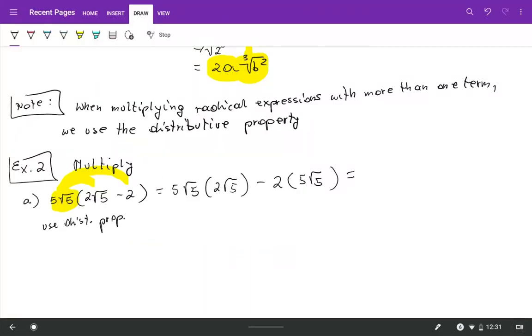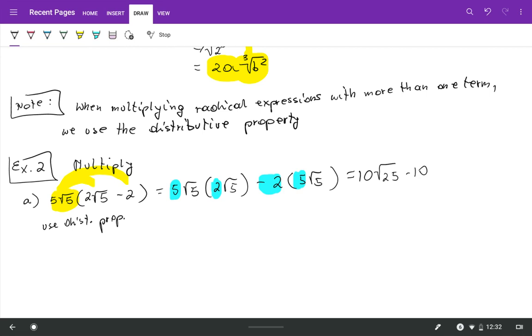Okay, let's simplify this. We know how to multiply the radicals. We multiply the coefficients together, so that will be 5 times 2, which is 10. And then we have square root of 5 times square root of 5, which will be square root of 25. 5 times 5 is 25. And the same thing here. We multiply coefficients, so negative 2 times 5 will give us negative 10.